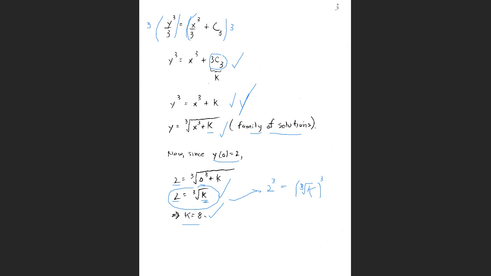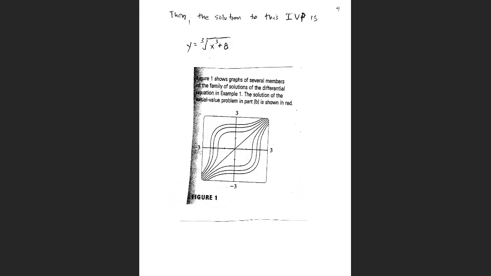All right, if we're good, we'll move to the next page. So now, the solution to the initial value problem is y equals the cube root of x cubed plus 8. And I'm not expecting you to copy this down. This is actually an example from the book.